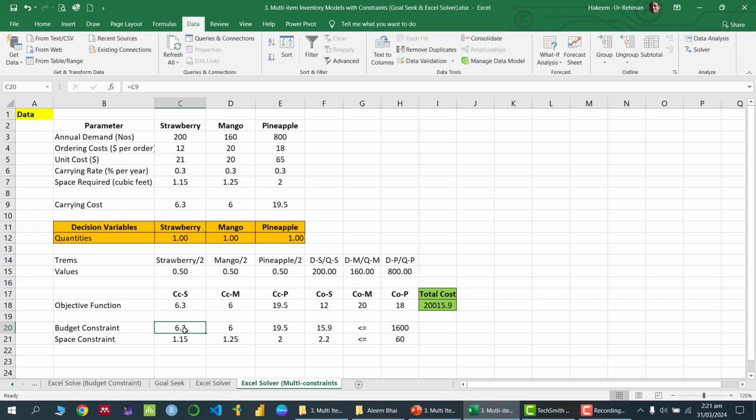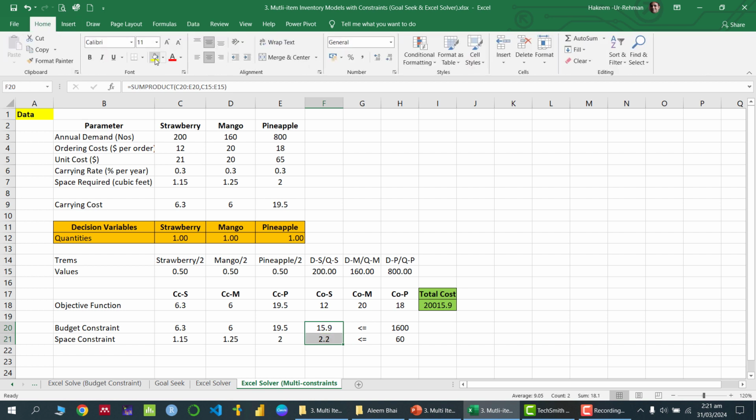Again, now we are going to find out these values. Let me highlight this one. So we have been given the budget constraint. The unit cost against strawberry, mango, and pineapple is basically this 6.3, which is not the unit cost but the carrying cost, 6.3. This is 6. This is 19.5.